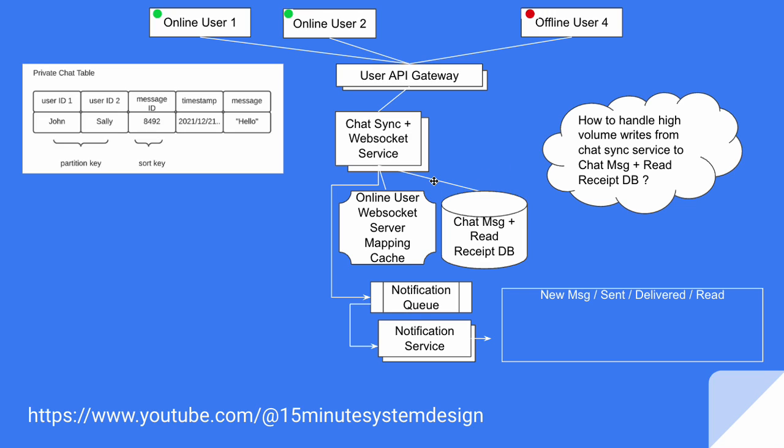But this may create some delay. And meanwhile, let's say the recipient was notified, hey, user 1 has sent some message for you. Okay. But when the user goes to the app and tries to pull this data, that message was actually not available in the DB, and that message was still in the queue.